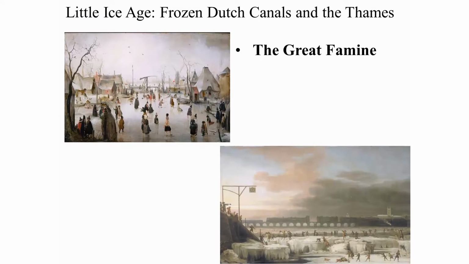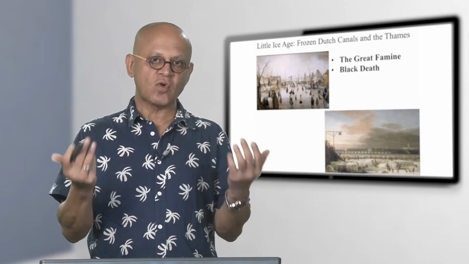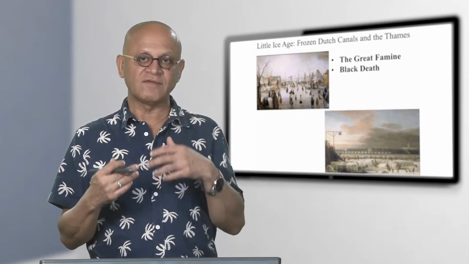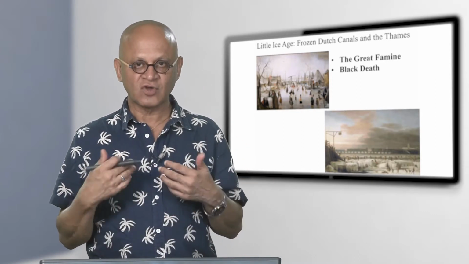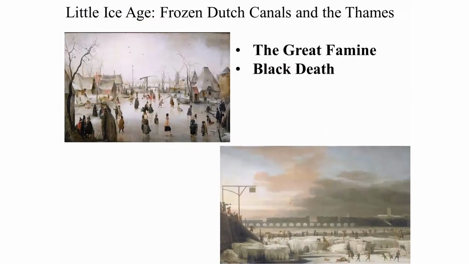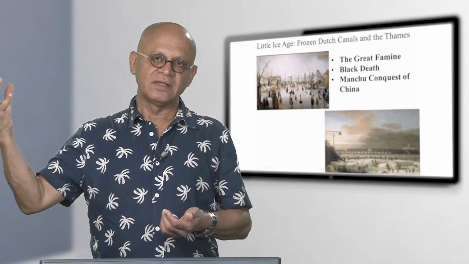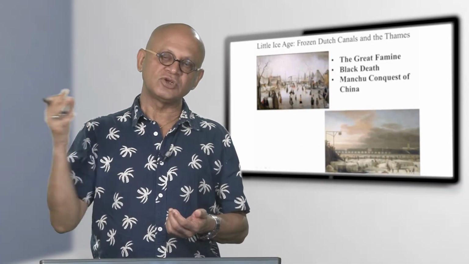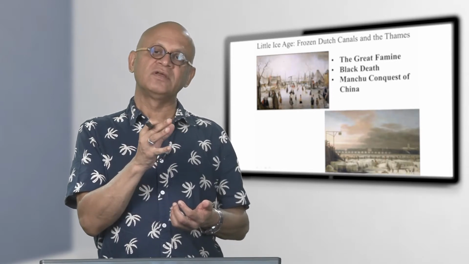But during the Little Ice Age, they did have extensive freezing, and there were several wars, there were famines. Every time you have cold temperatures, you're going to have drier climate, you're going to have crop failures, you're going to have more dust, and so on. So there were great famines, the Black Death. So when you have a famine, rats can get closer to human beings looking for food.